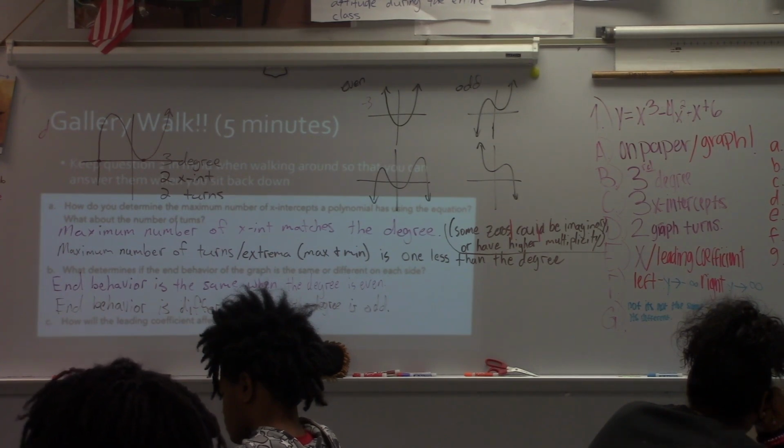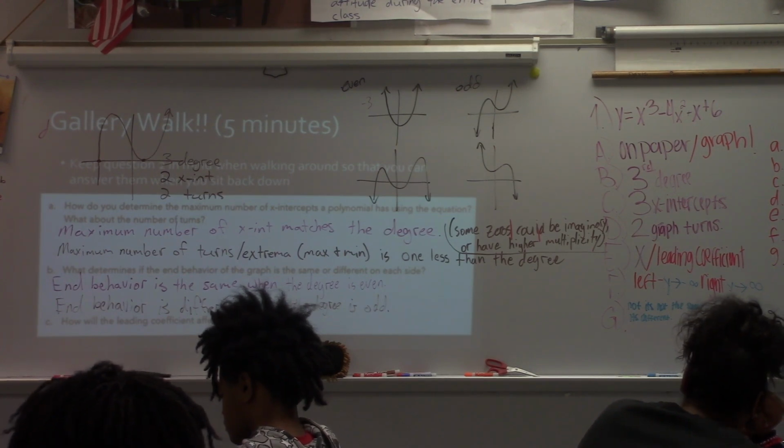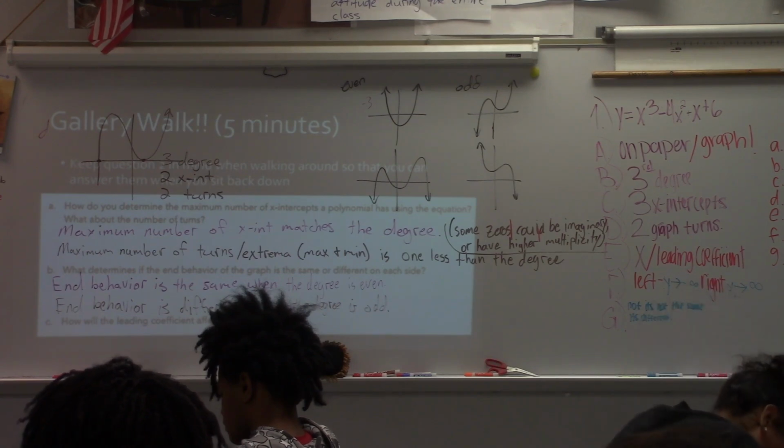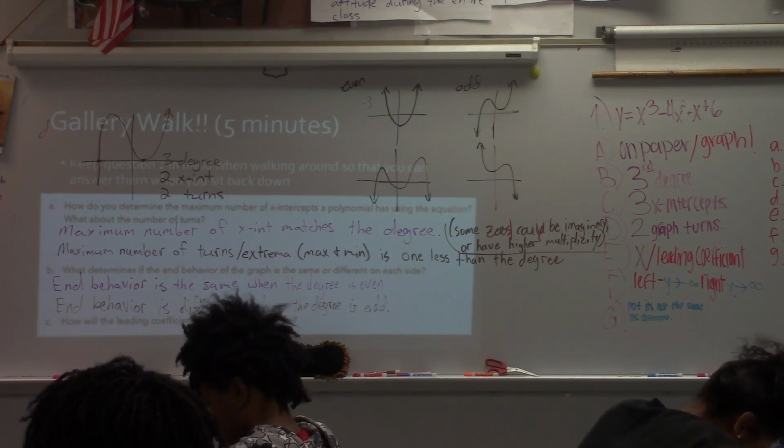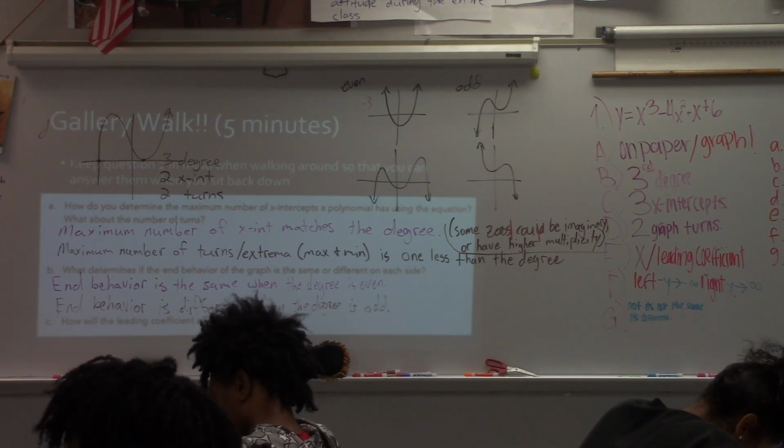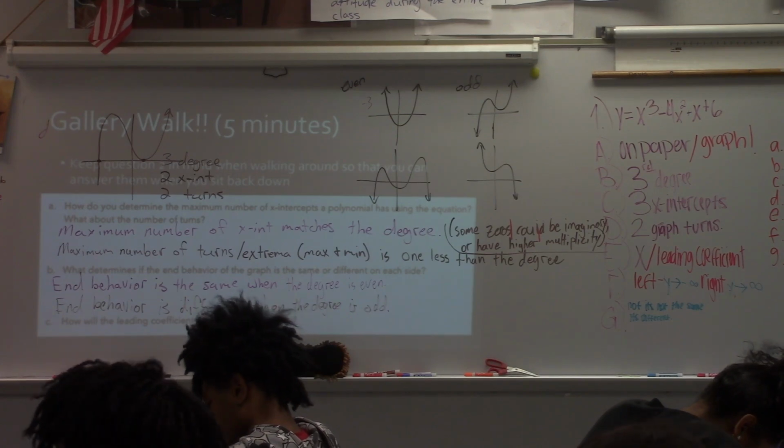So this leading coefficient is negative, and the end behavior goes down towards the negatives. I'm just saying, guys, if the leading coefficient is negative, the end behavior goes down towards the negatives. Here, even, and the leading coefficient is positive, and the end behavior goes up.